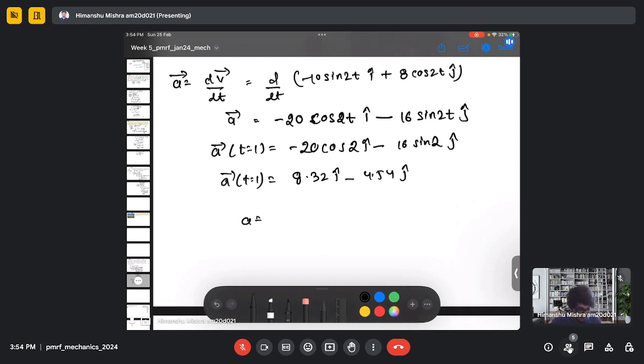So my acceleration will be, this is the magnitude of acceleration.